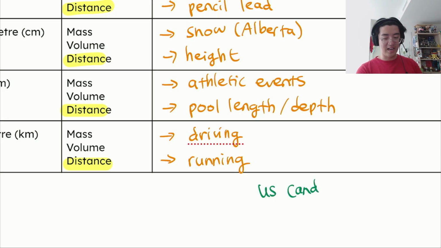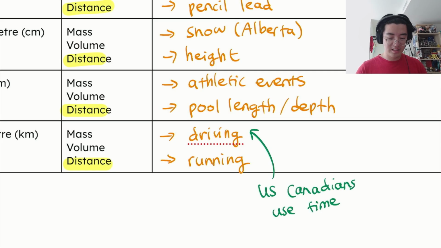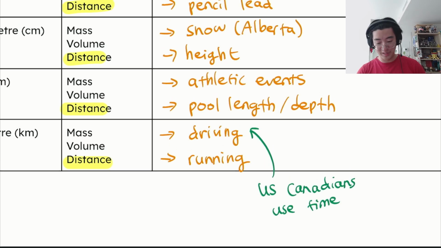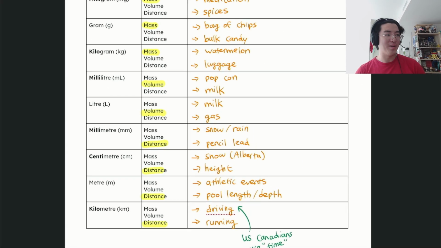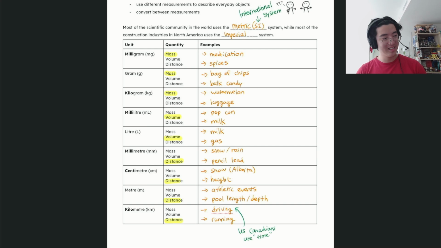How far are you from the school? Oh, I'm like 40 minutes away. Oh, I'll be there in 20 minutes. We always use time whenever we talk about driving distances. It may be the same around the world too, but I know for sure as Canadians we use that a lot, because we have to rely on cars so much.